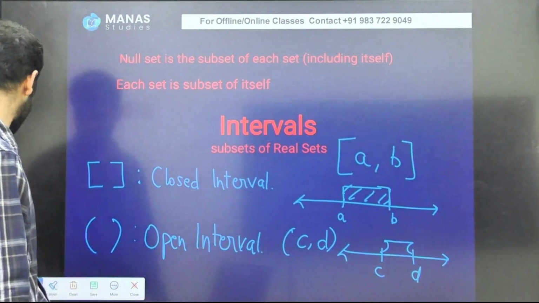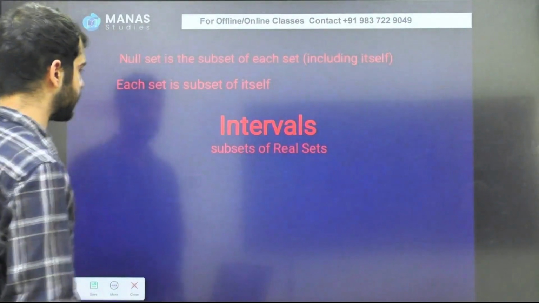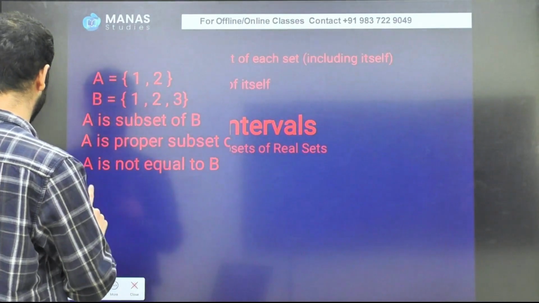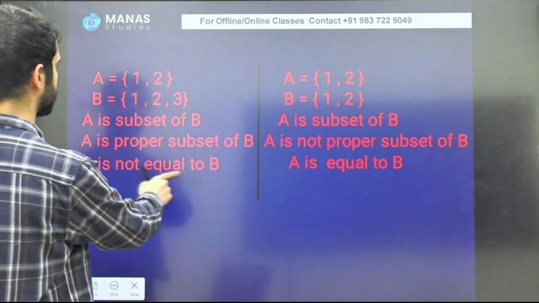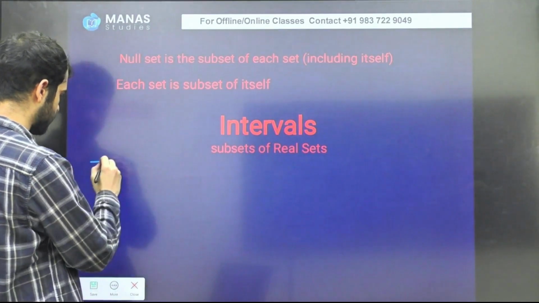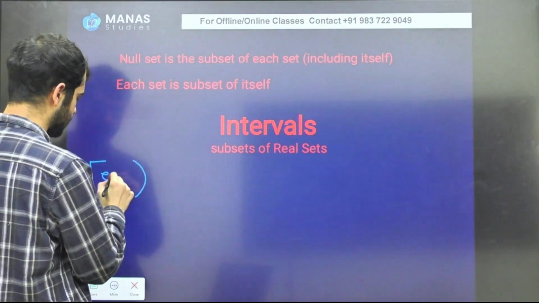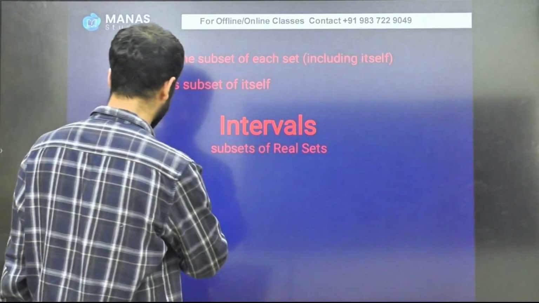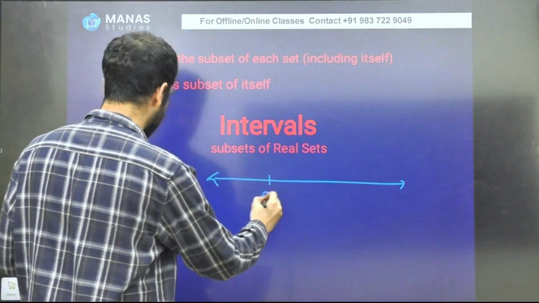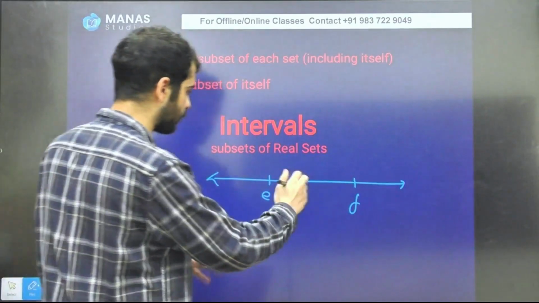Now there is a possibility of another combination as well. Now the other combination is a square bracket and a closed bracket. Let's say E and F. So now this on the number line would be represented as E will be included, and F, because it's open bracket, F won't be included.